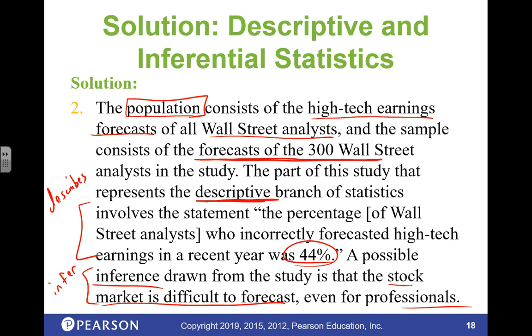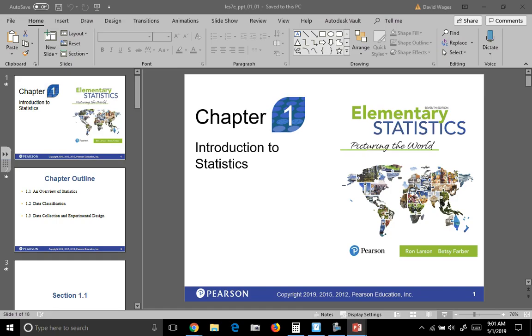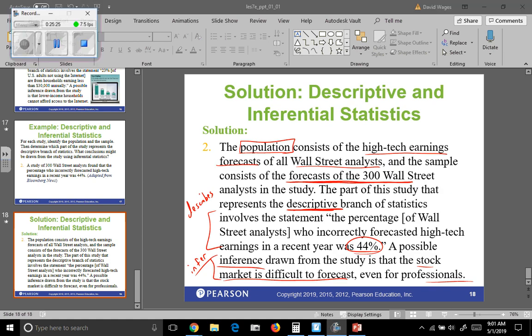It's a difficult task. So that's an inference that can be made here. All right, so this is an overview of that first section. Hopefully this will help as you get into looking more into this particular material as we go.